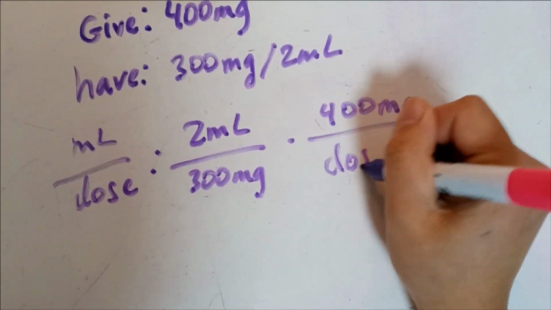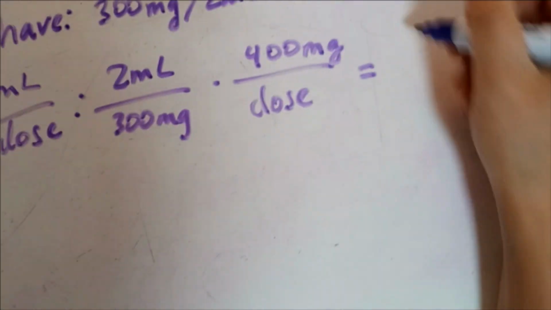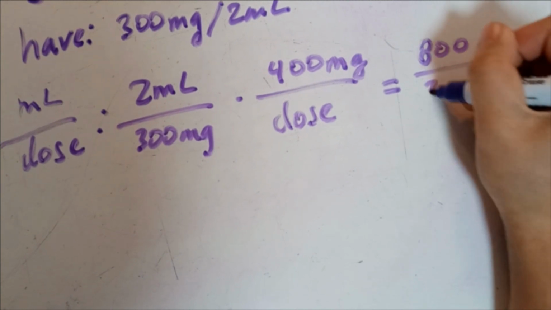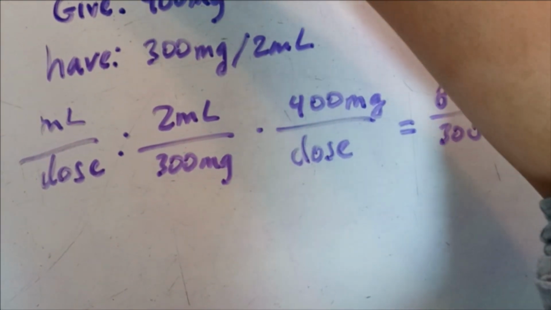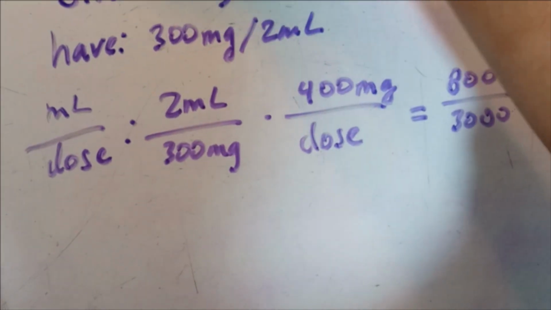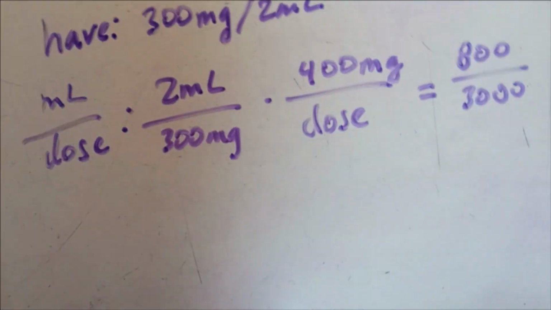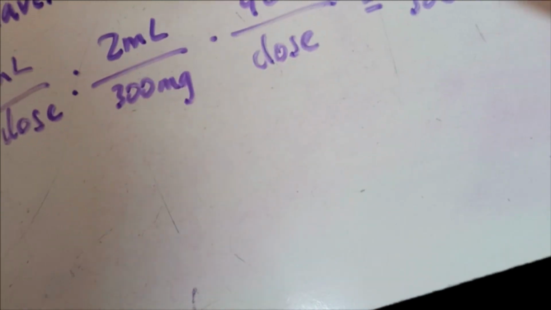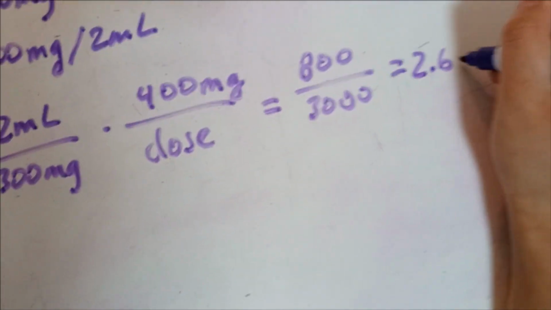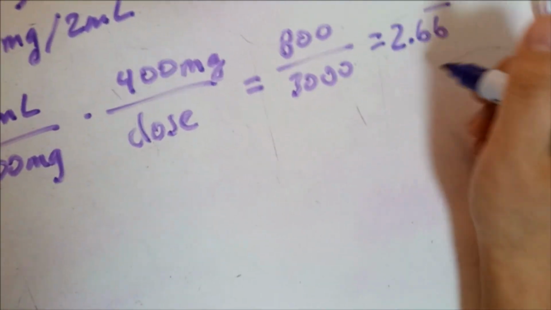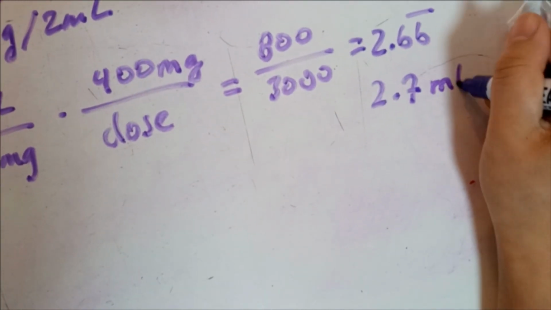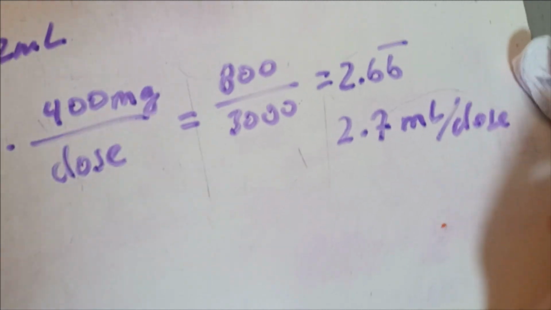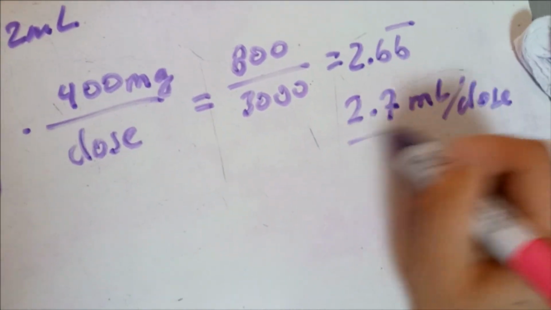Okay, per dose. That's how much. So we have 800 divided by 300. Okay, let's see how much that is. 800 divided by 300 is 2.66 repeating. So we'd round that to 2.7 milliliters per dose. Okay, so that's how much you'd give.